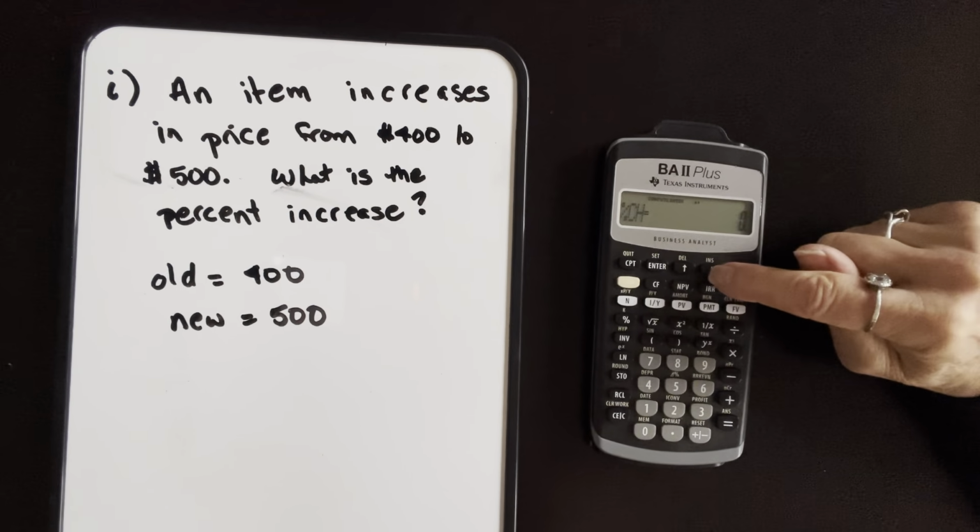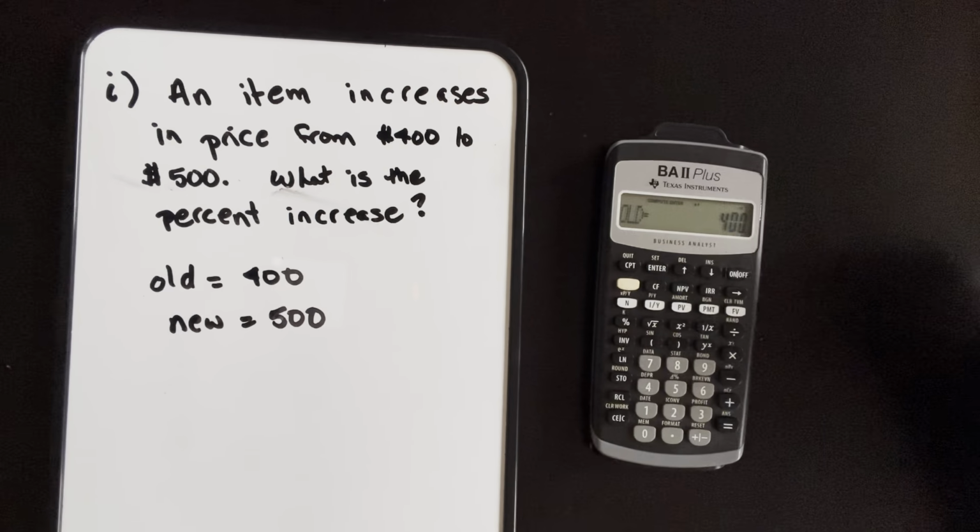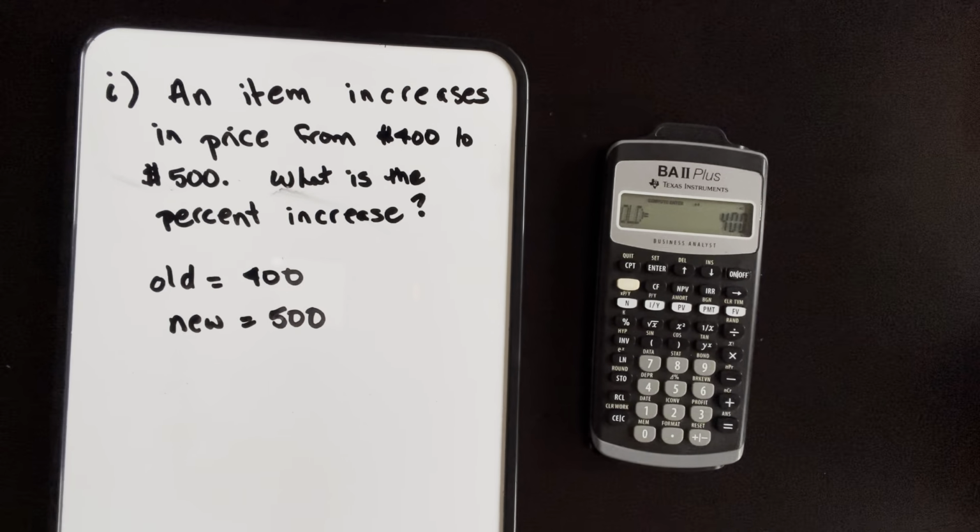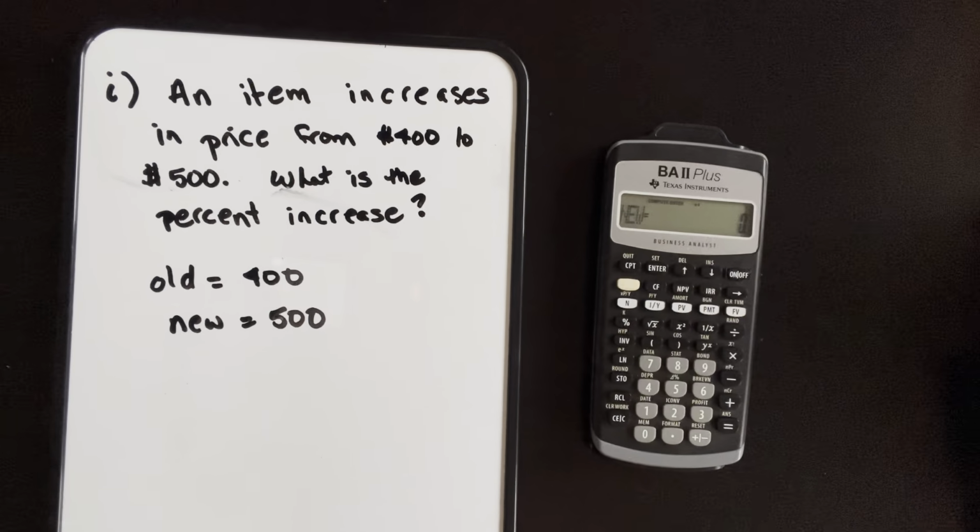So let's enter the old value of 400. So we enter 400, and you have to press the enter button. Now we'll scroll to the new price of 500, and we have to enter that. Then we scroll down to percent change. With those 2 values, I can calculate the percent change.